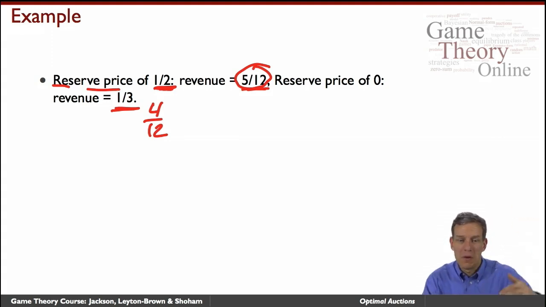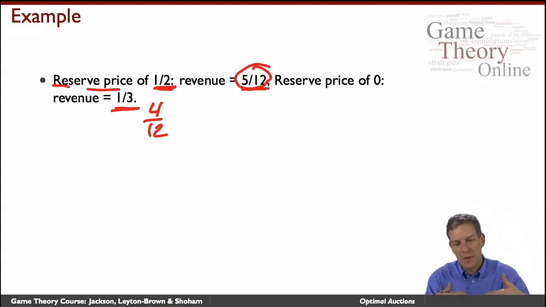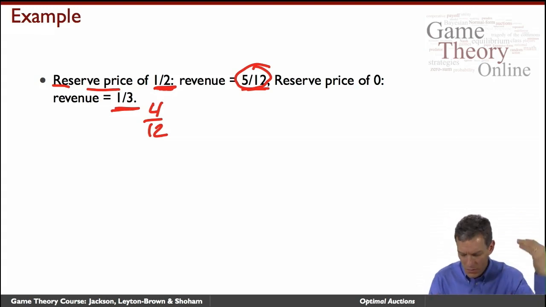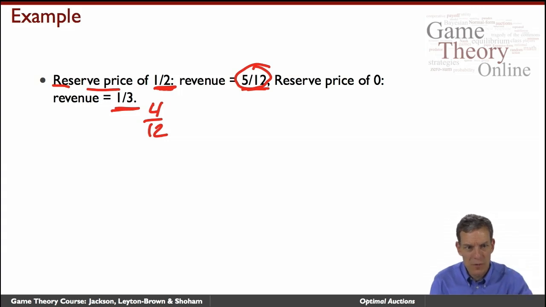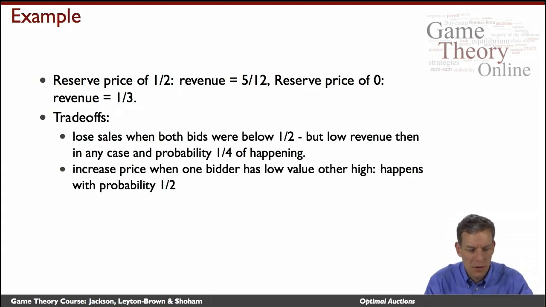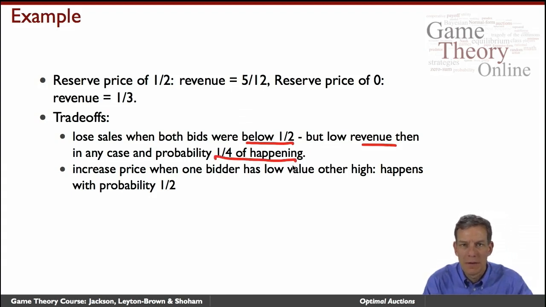Now the 1/2 was nicely chosen. If we set it too high, then you have no chance that you're going to end up with a sale, and then your profits actually go down. So it's hitting this sweet spot in terms of what the reserve price was. So the trade-offs here: you lose sales when both bids were below 1/2 by setting this reserve price. But that was low revenue in any case, and it only has a probability of 1/4 of happening.